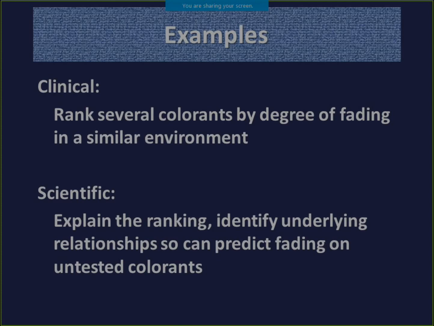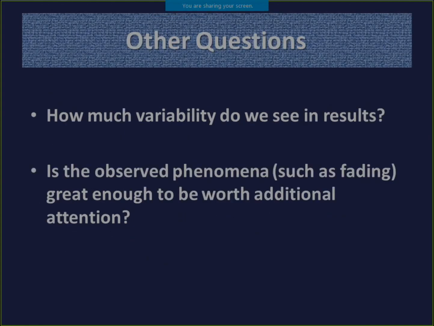And then the scientific questions would try to look at explaining the ranking and identifying the underlying relationships so we can predict what change might occur on untested products. But we need both of these sorts of questions.